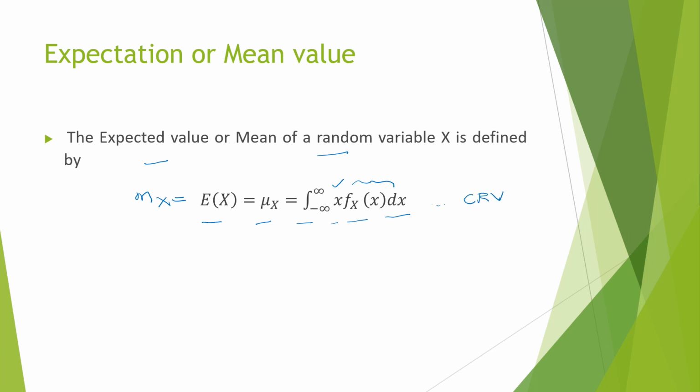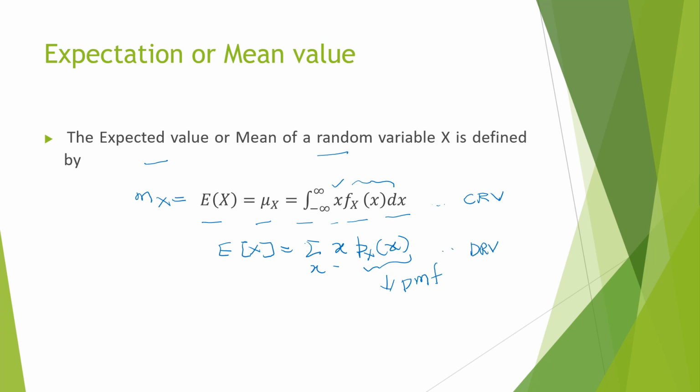In the case of a discrete random variable, the expected value is given as E[X] equal to, instead of integration we are using summation over all values of x, the product of x and pX(x). So we are taking the summation over all values of x of the product of x and pX(x). pX(x) is nothing but the PMF, that is probability mass function, whereas this is for a discrete random variable.